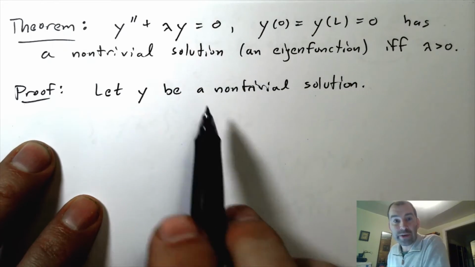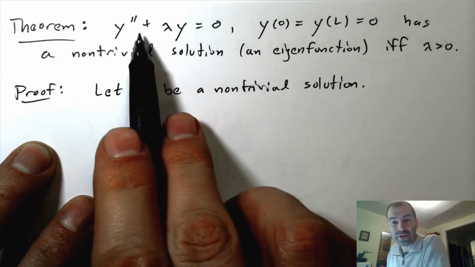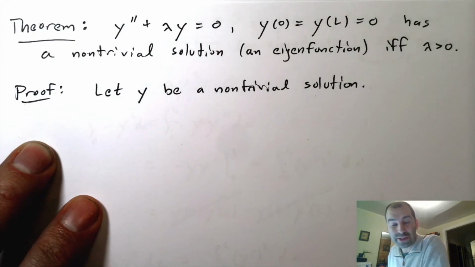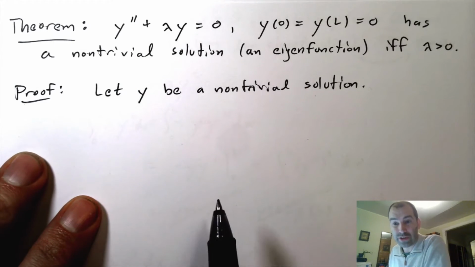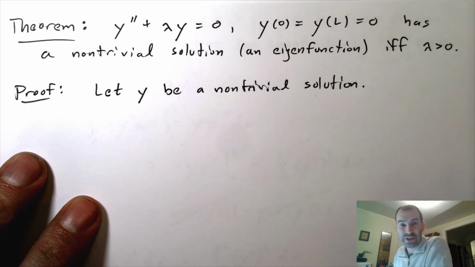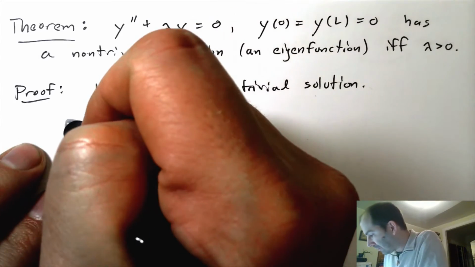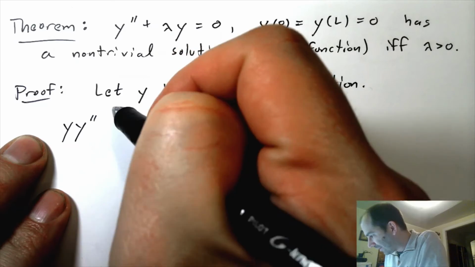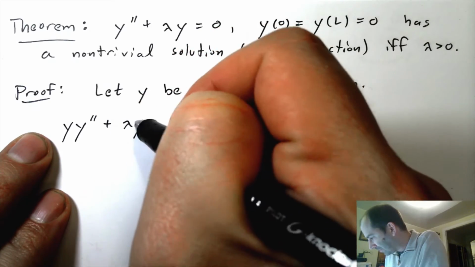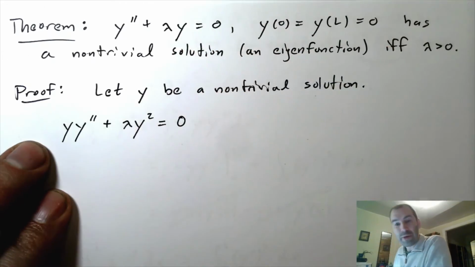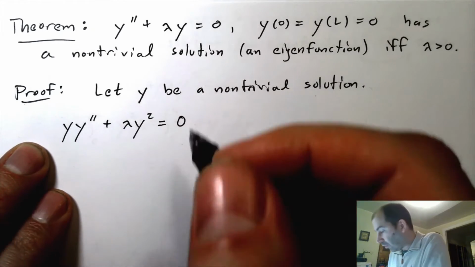And the trick here is going to be to multiply both sides of this equation by y. That's not at all obvious, but that's a good trick to learn if you want to study differential equations. Okay, this trick can be used again and again, and it is surprisingly useful. I'm going to multiply through by y. Now I'm going to solve this for lambda y squared.